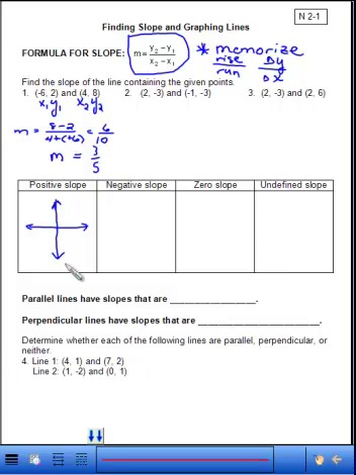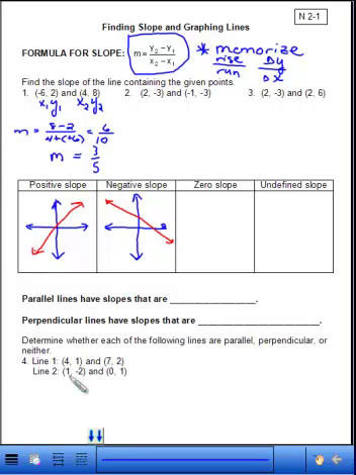So let me change pen color. A positive slope line would go like this. Okay. A negative slope line, still having a slope value on the xy axis, would look like this. Okay.